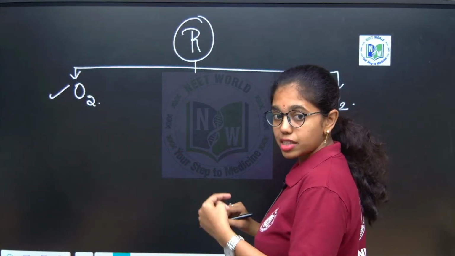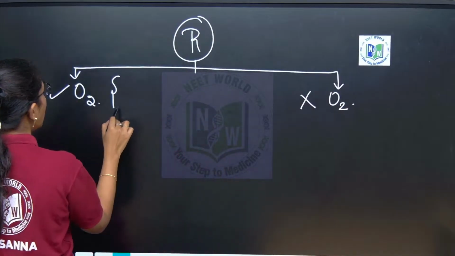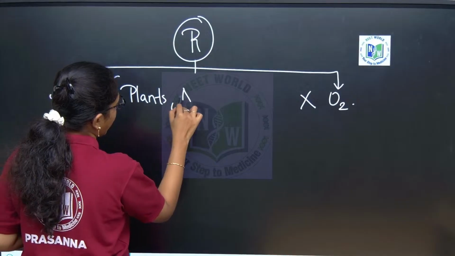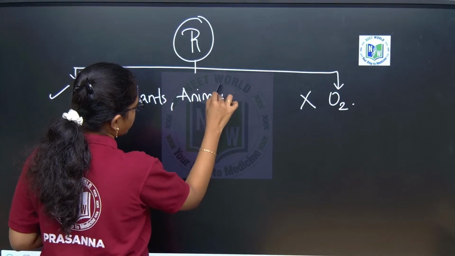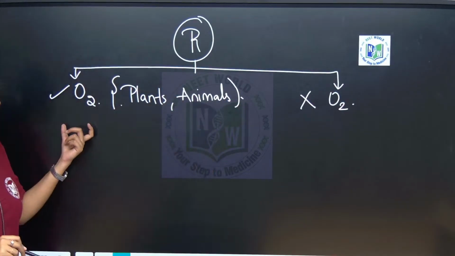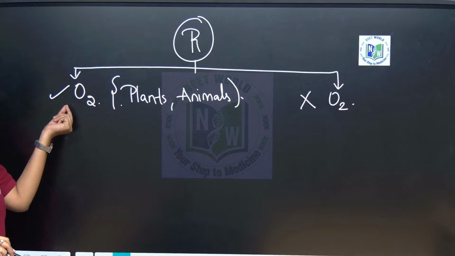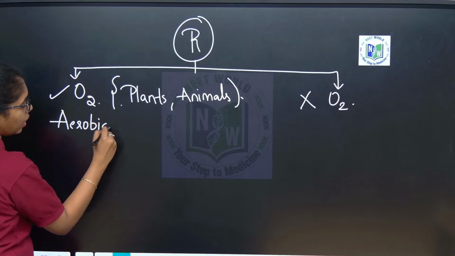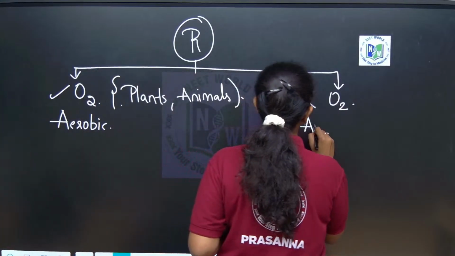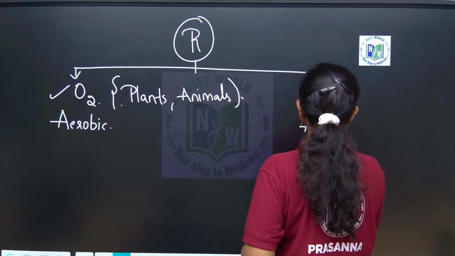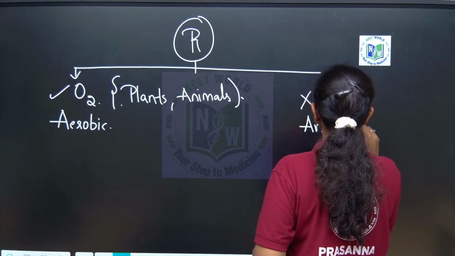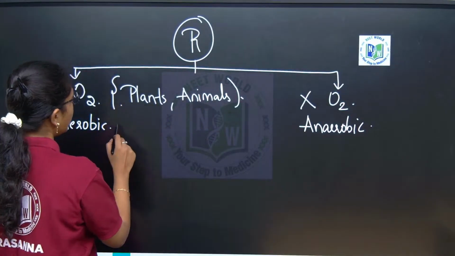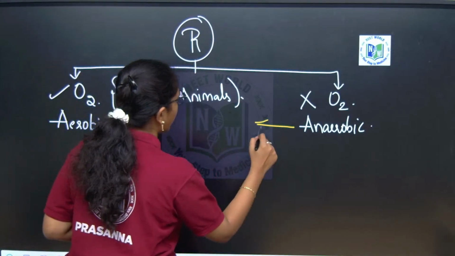In the presence of oxygen, it occurs in higher plants and animals. In both aerobic and anaerobic respiration, one process is common. What is that? Glycolysis.